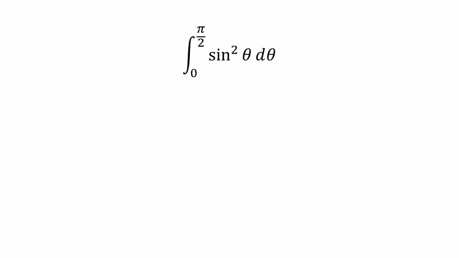Applying the power reducing identity, we obtain 1/2 times the integral from 0 to pi over 2 of 1 minus cosine of 2 theta d theta.